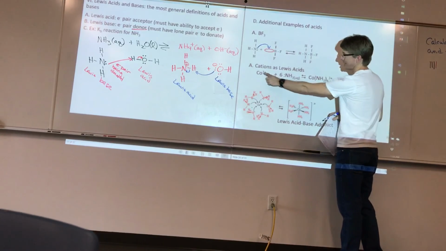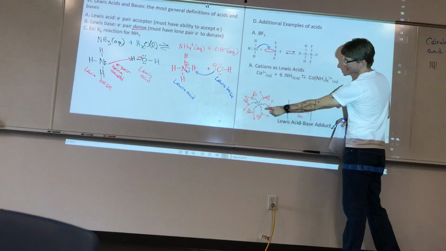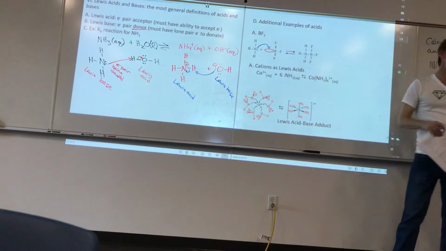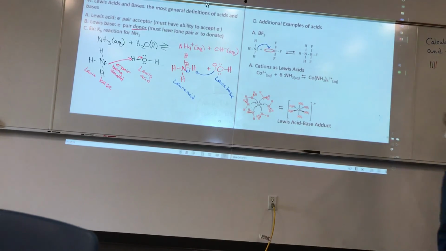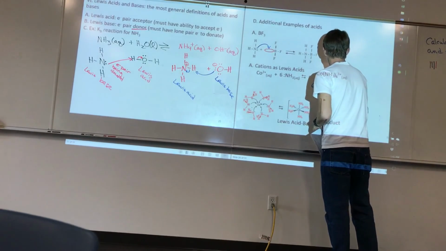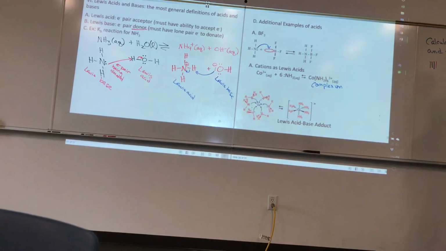We have a cobalt with 6 ammonias in the pictures here forming bonds with cobalts. And this species in particular is called a complex ion. And I think we talk about that in chapter 20 or so in this book. But we'll come back to that.